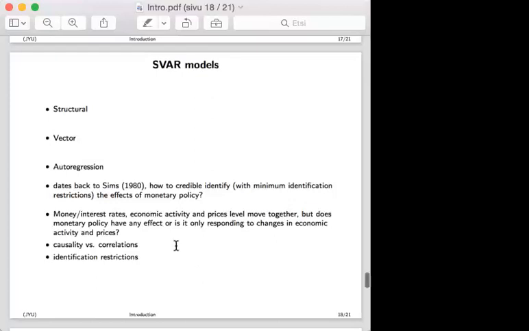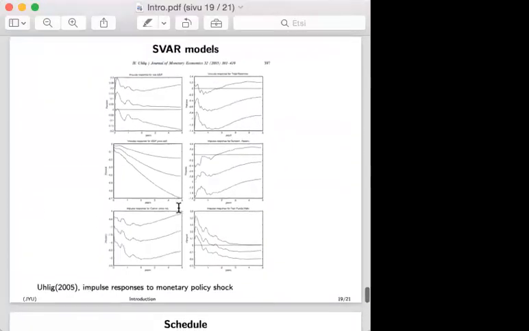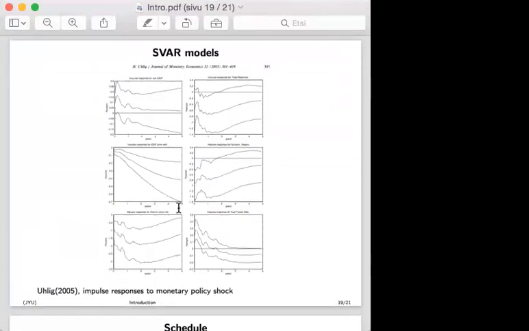This is Uhlig 2005, which shows impulse responses to a monetary policy shock. The middle line is the mean impulse response, and then there are confidence bands, and the timeline is in years. So there is again an increase in the federal funds rate.